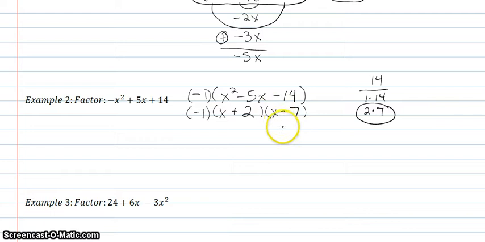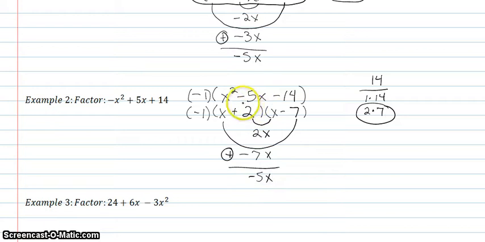Now, to check ourselves, again, we can multiply the middle and then multiply the outside, then add them together, and they do give us the correct middle term. So we factored this correctly. We could leave our answer just like this, but it's more standard to have that negative x put back in.